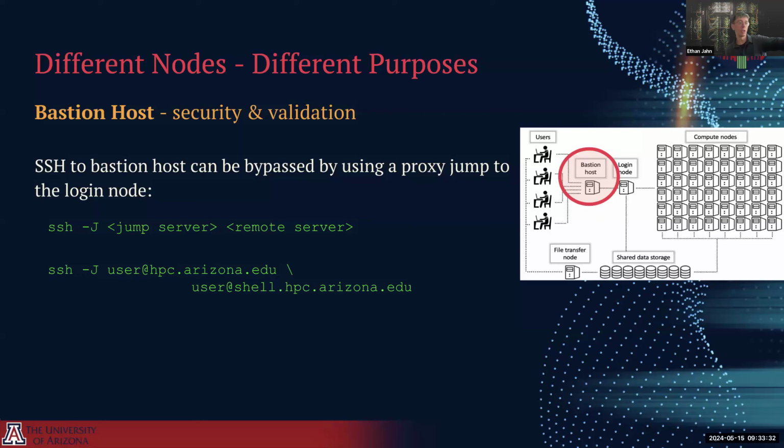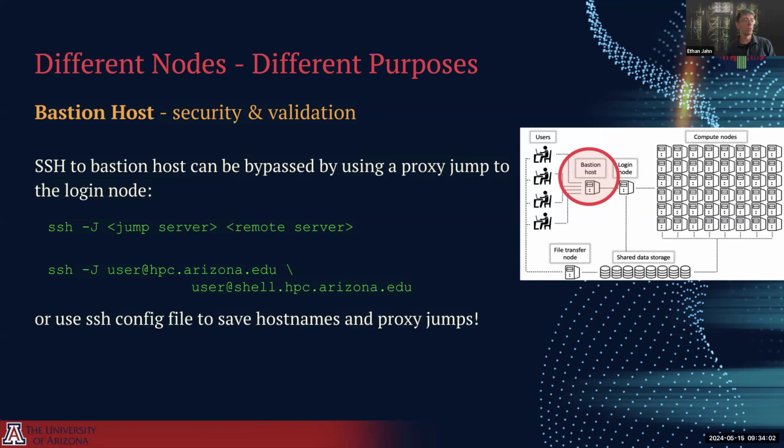And then the slash just indicates that it's a continuation of the same line. And then you would do user at shell.hpc.arizona.edu. And that would enable you to effectively log on to the Bastion host and then immediately jump onto the shell or the login node. So that's one way to make that access a little bit more straightforward.